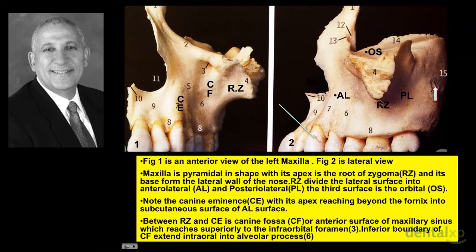Now, distal to the root of the zygoma, we have the posterolateral surface. And the posterolateral surface, if we draw the line again, which you will see in the next figures, below it is the alveolar process, and you can see that it ends with the maxillary tuberosity. And if you exceed that vestibular line, you can go onto that surface.